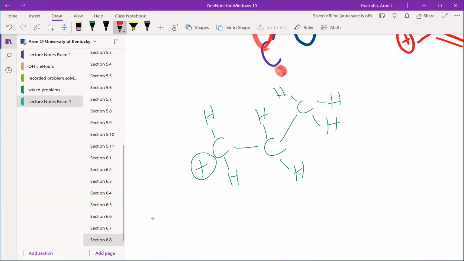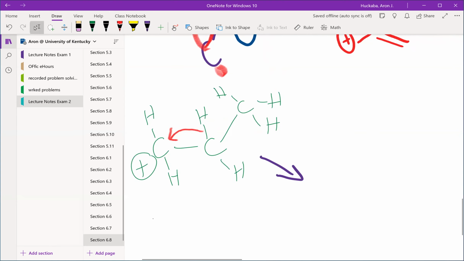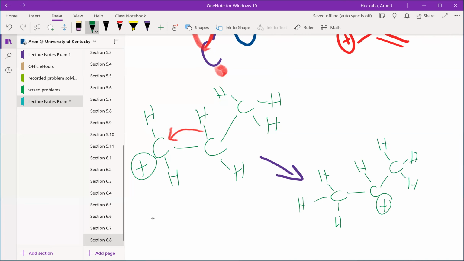So what ends up happening is that one hydrogen will shift over and move the full positive charge. So now we have these H's over here, and a positive charge on the middle carbon. And this happens very quickly.